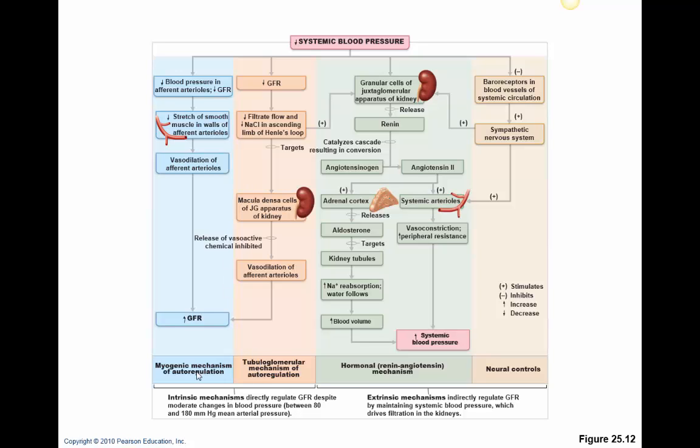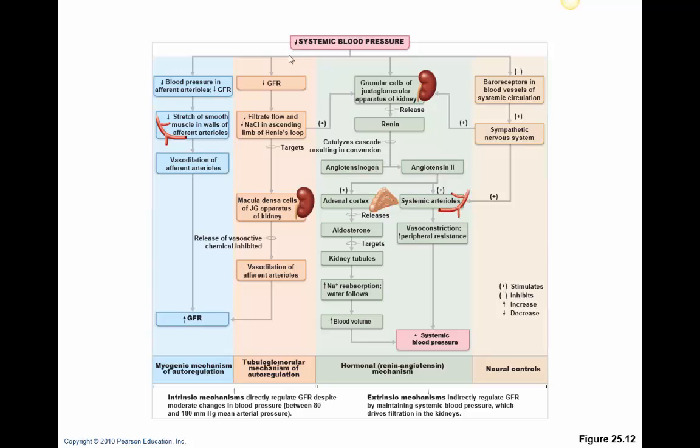It's not as important that you know the names of these, the tubuloglomerular mechanism or the myogenic mechanism. I'm not going to hold you accountable for those terms, but I do want you to understand how the cells of the kidney, the granular cells and the macula densa cells, are working together to maintain that glomerular filtration rate in episodes of changing blood pressure.